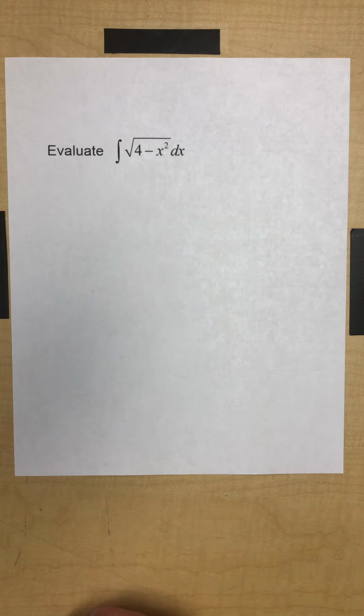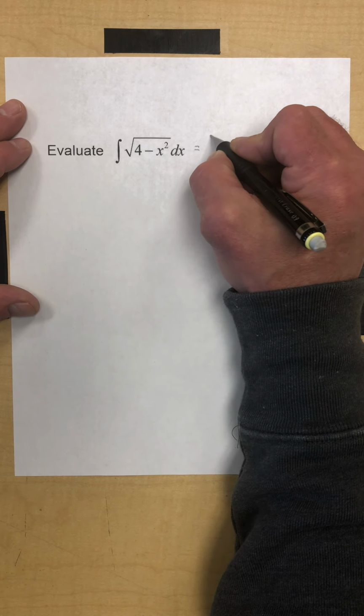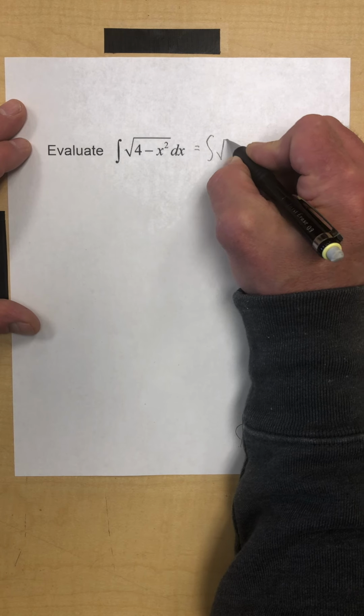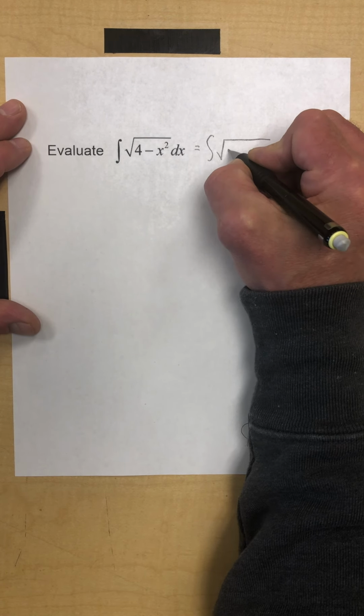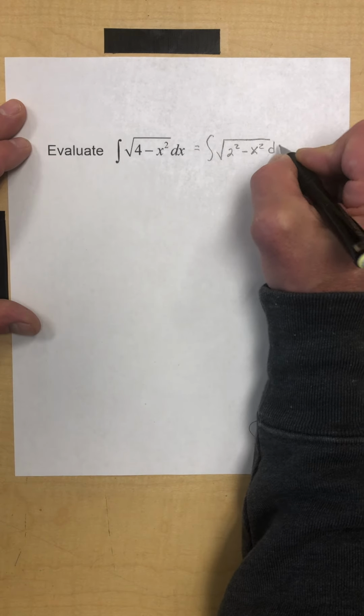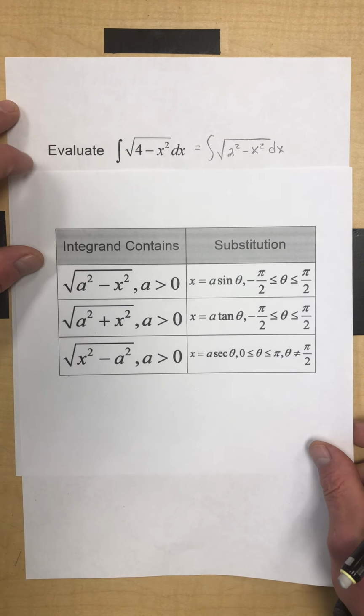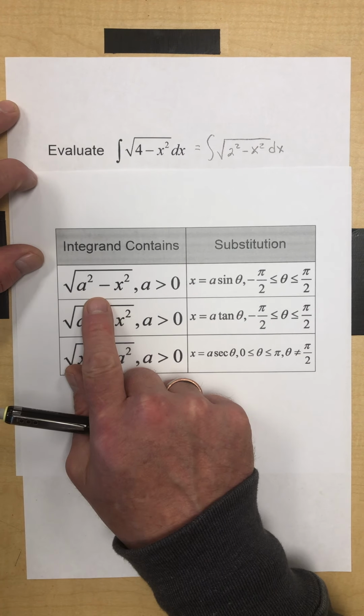So we're looking at this guy, and I'm thinking, all right, that would be the same as the square root of 2 squared minus x squared dx. Then I go here and say, it's just like this top one.